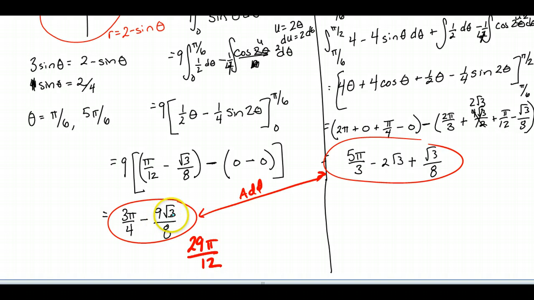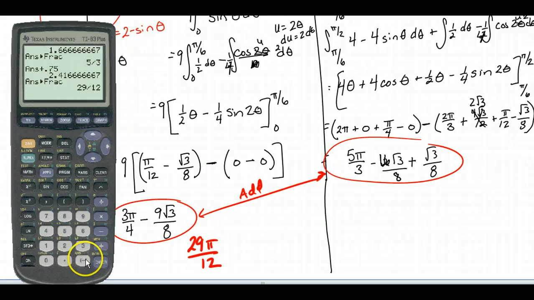And now here, because they all have the square root of 3, I want to put them together, but I have to get a common denominator. Well, these two already have a denominator of 8, so here if I multiply by 8 over 8, that'll give us 16/8. So now we can look at this, and we have a negative 9/8.